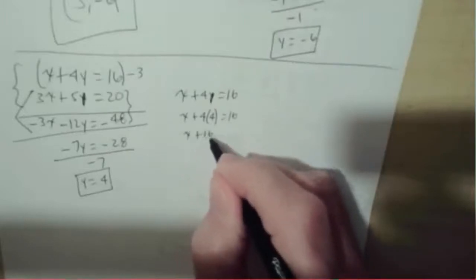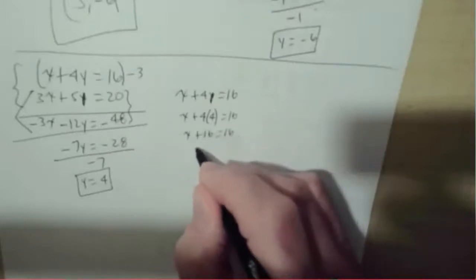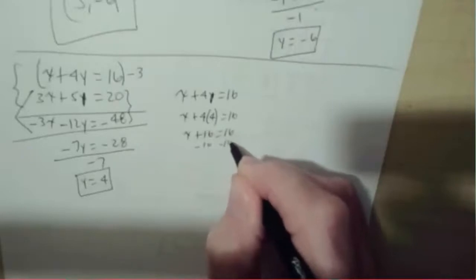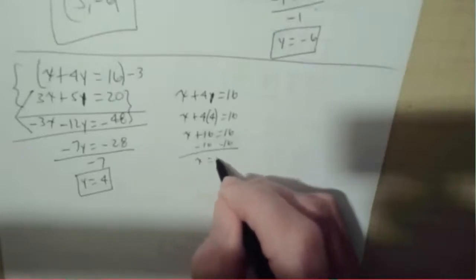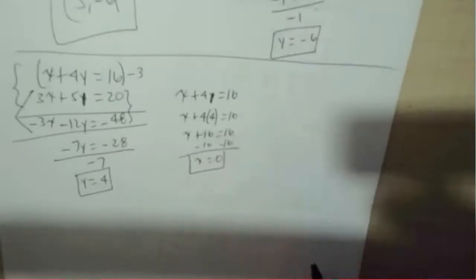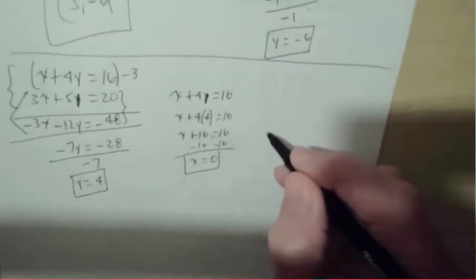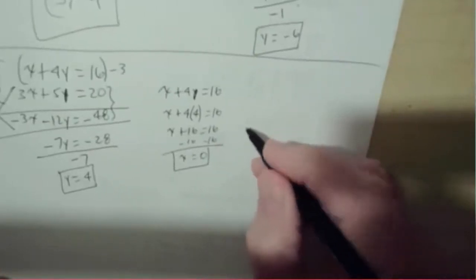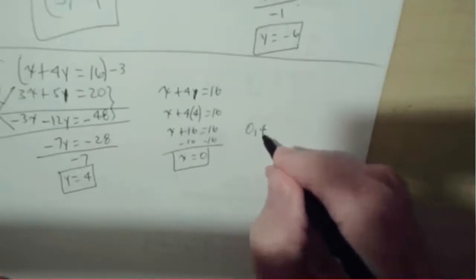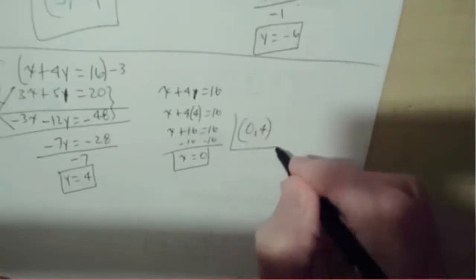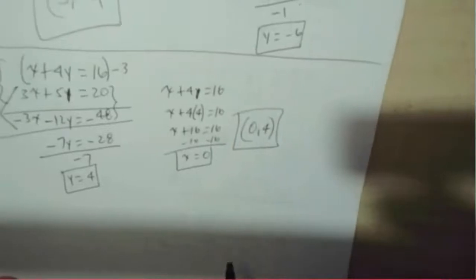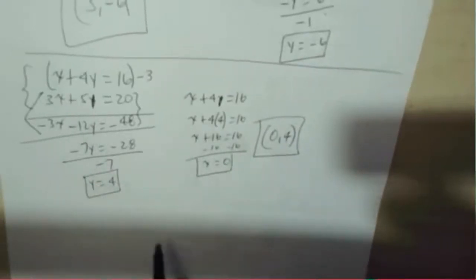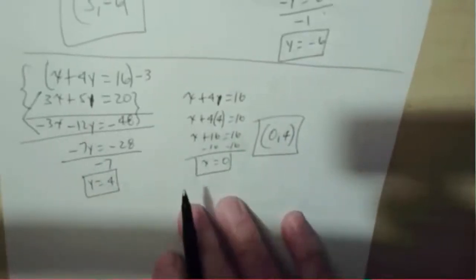So x plus 16 equals 16. Subtract 16 from each side. x equals 0. Can we have x equals 0? You betcha. So our point of intersection where the two lines cross is 0, 4. And if you plug these back into the original equations, you'll find that they do work.